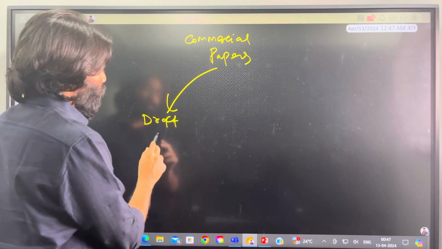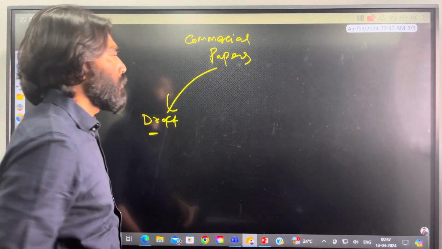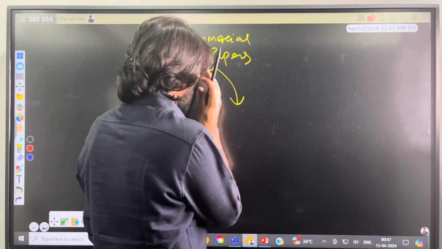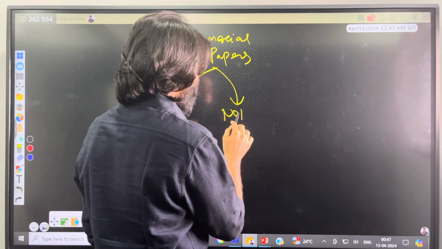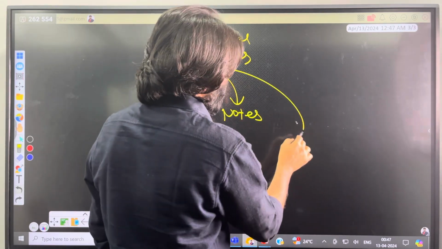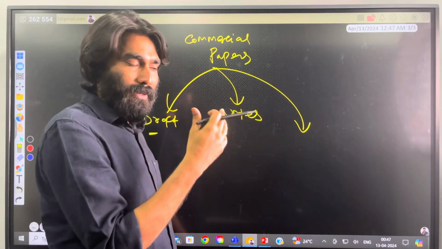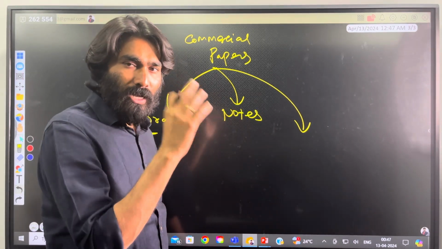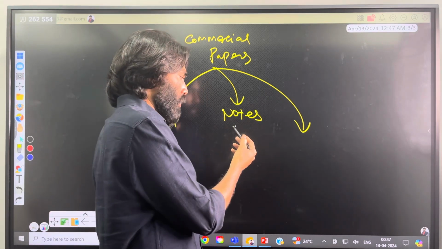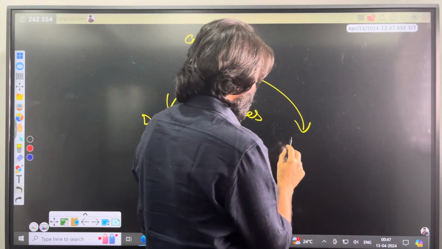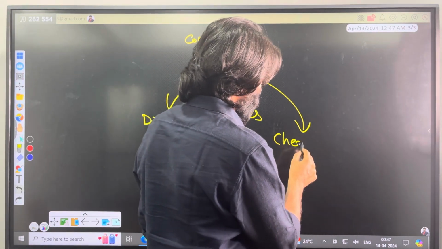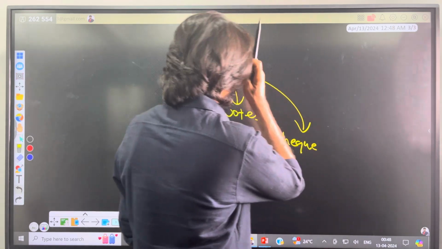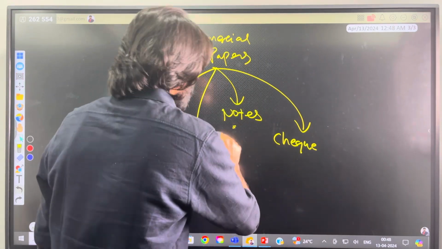Any draft you can also consider a commercial paper. Then any notes. We have already seen notes on the second page of this PPT, how they look. That is the note I'm talking about. Then your check payment also comes under commercial papers.